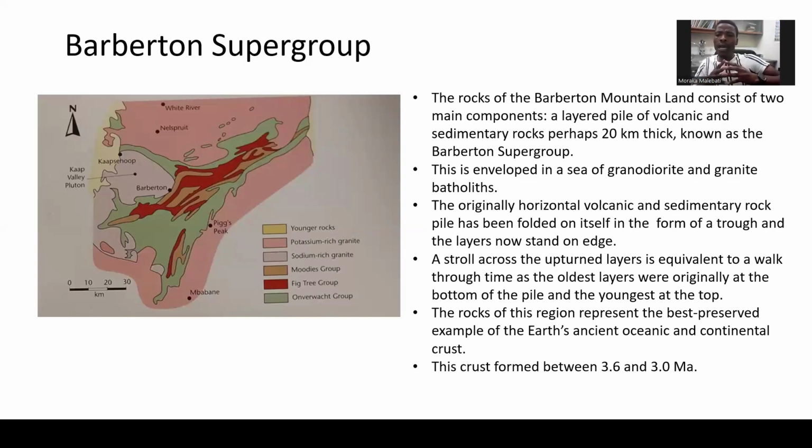But now, these rocks were originally horizontal, but because of the effect of tectonic deformation, they ended up being folded, forming what we call synclinal structures, or synclines, which is why these rocks are now unrecognizable.